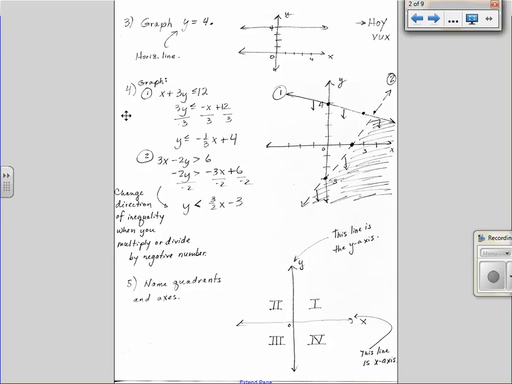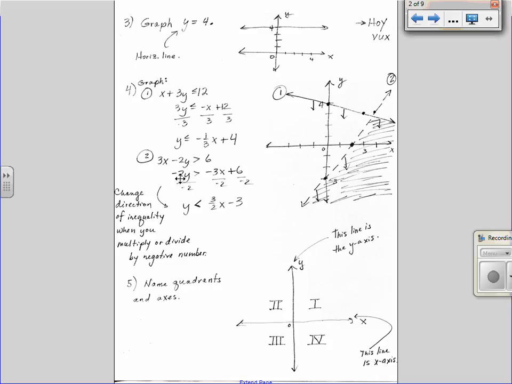In number 4, I've got two different inequalities. This one is a solid line. Number 1 is solid, and number 2 is a dashed line. I've put them into slope-intercept form. Line number 1 has a negative slope, so it's going downhill as we go from left to right. And the second one, notice that right here I had a negative 2.